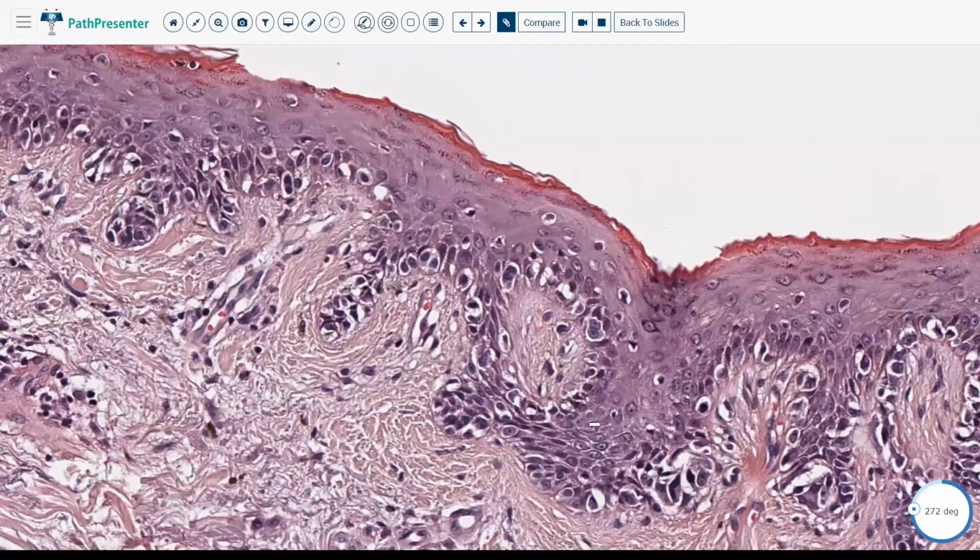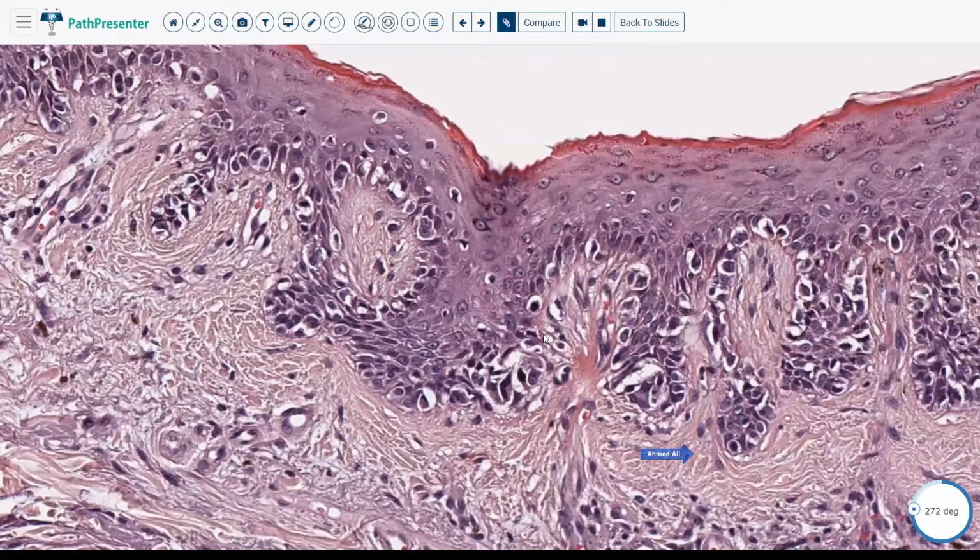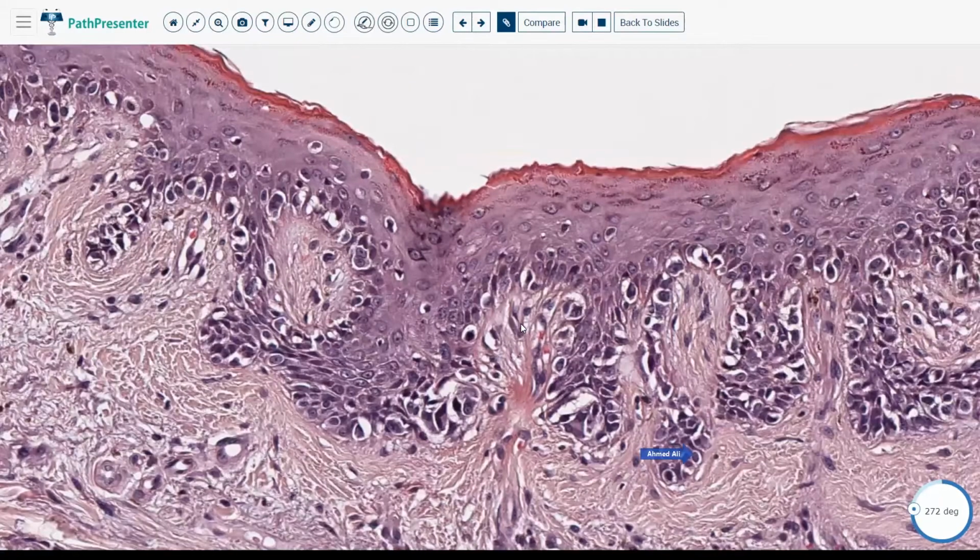However, if your nests are in the middle of nowhere, like this guy here, then this is not the tip of a rete, this is not the papillary dermis, and therefore it is tricky. You see, this here, this is not where you want it to be, and this is an abnormal site for this nest, and this is also an important feature that you need to recognize when you look at this lesion.